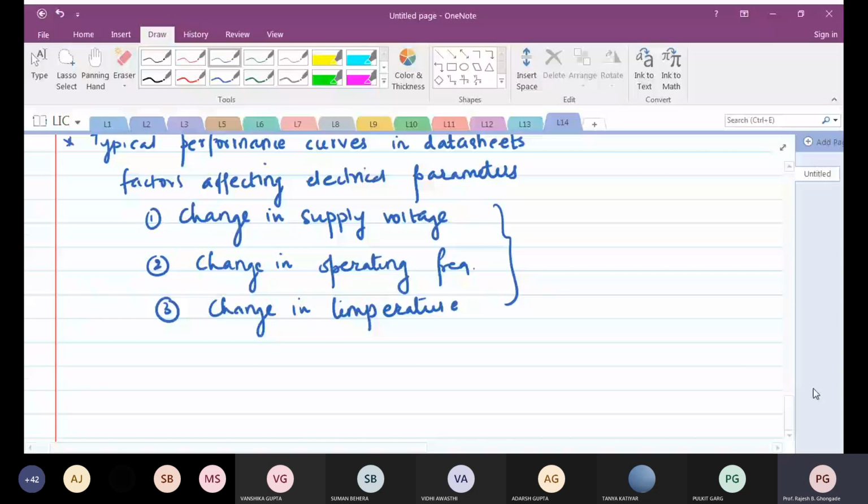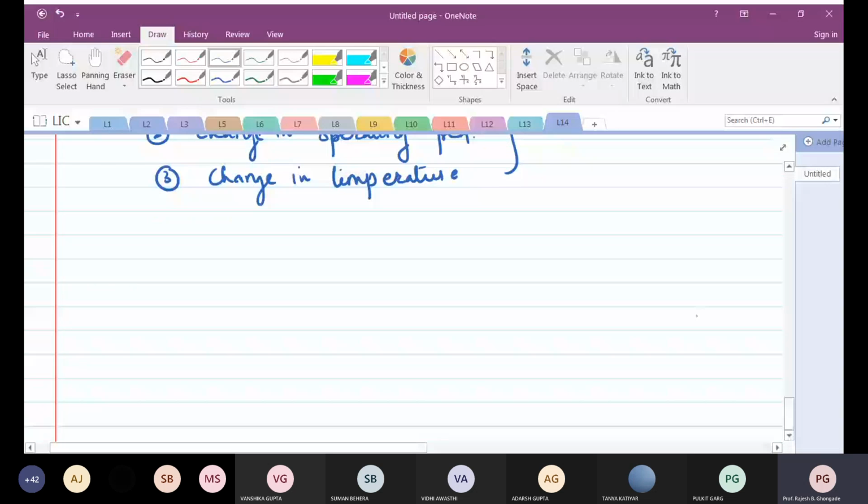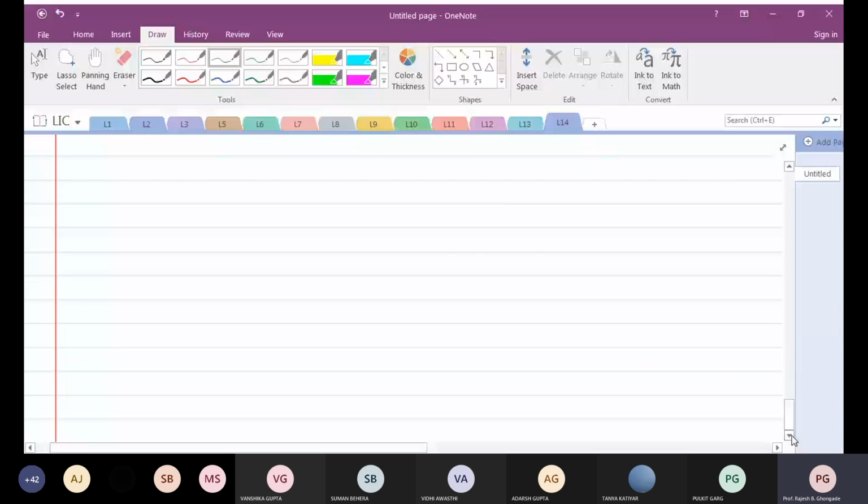We are going to have an assignment based on this to study the data sheet of an operational amplifier. Now quickly we are going to have the summary of parameter evaluation for AC and DC applications. So which parameters are relevant for AC, which parameters are relevant for DC. So we make a table like this.